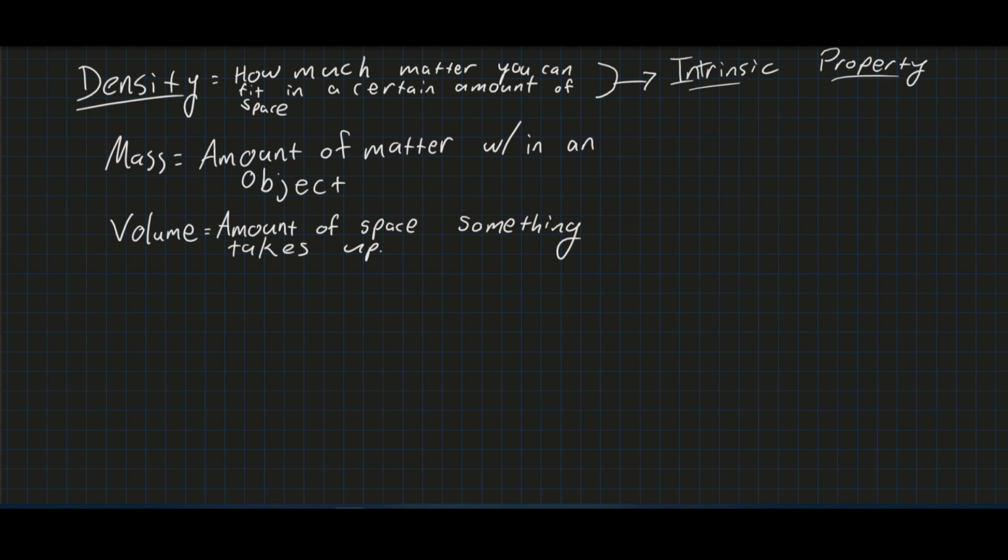That's a property that never changes. So other intrinsic properties would be melting point, boiling point, freezing point. No matter how much of something you have, the density never changes. So it's an intrinsic property, and you can use this to identify what something is.